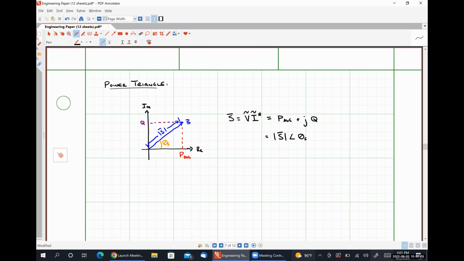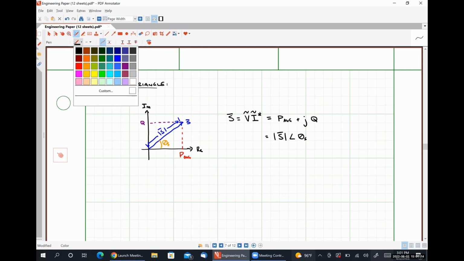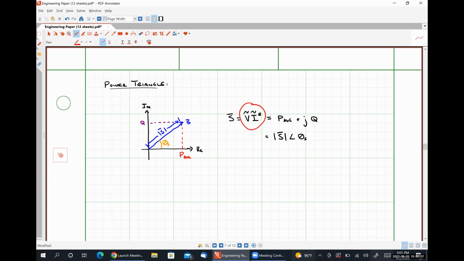The reason why I'm showing you this is because your calculators can give you either this rectangular form or this polar form. So effectively, if you can do this simple mathematical operation, it is literally just multiplying two complex numbers together, your calculator will give you average power and reactive power if you tell it to give you your answer in rectangular form, and it'll give you apparent power and power factor angle if you have it give you your answer in polar form. Okay?